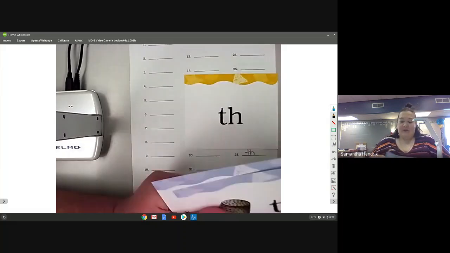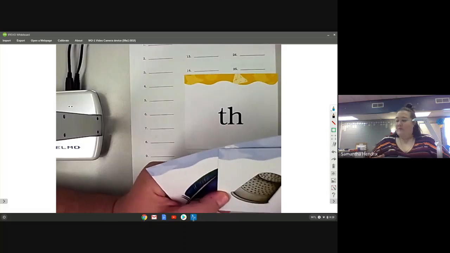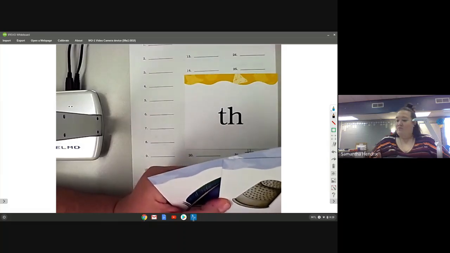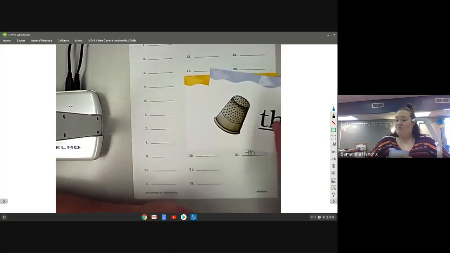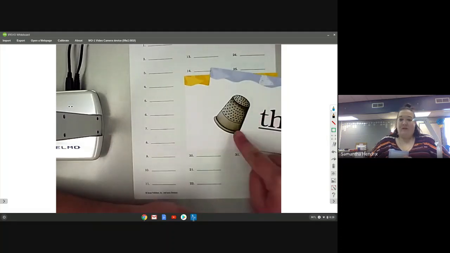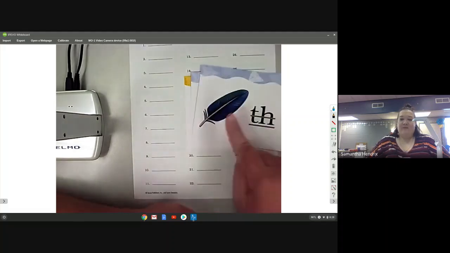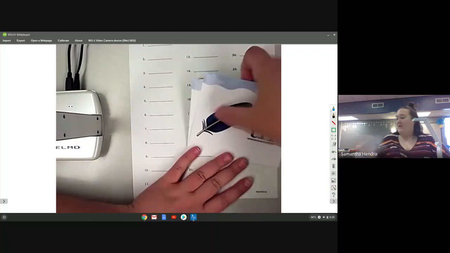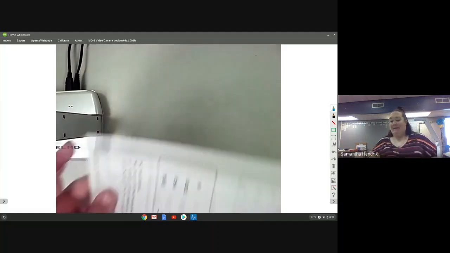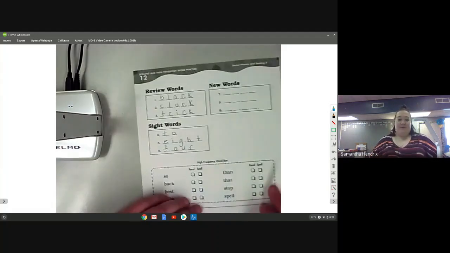Digraph TH. Thimble, unvoiced TH. Feather, voiced TH. So now let's go to the back and let's practice some new words.